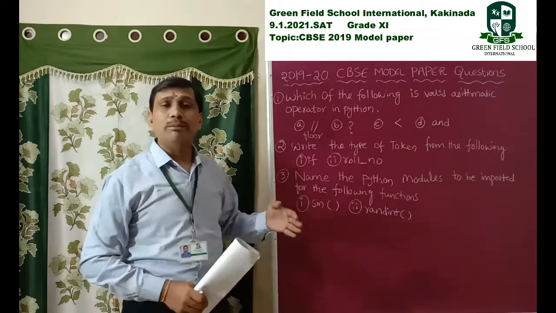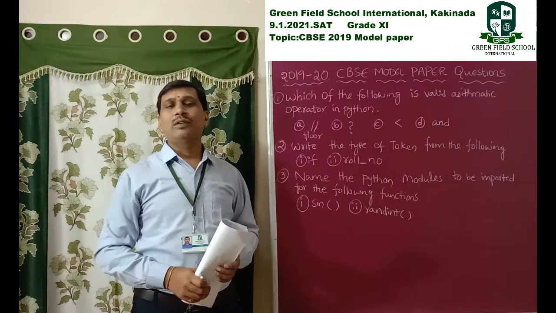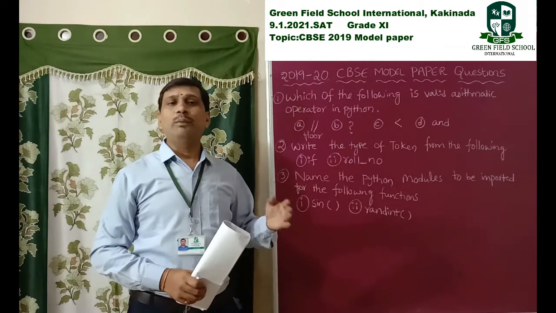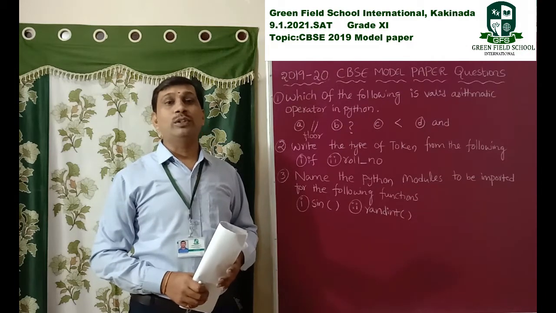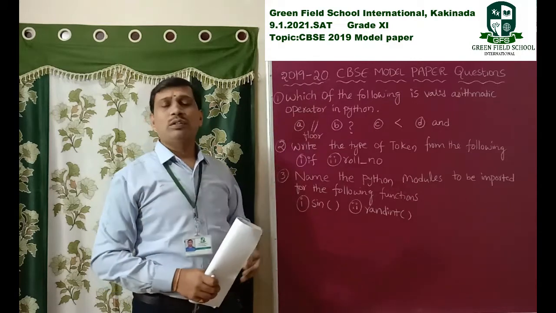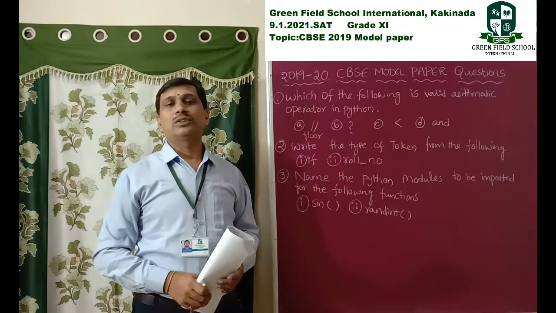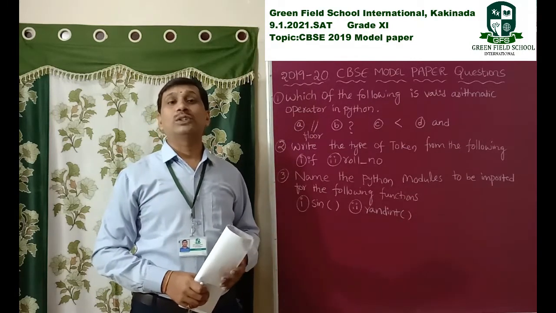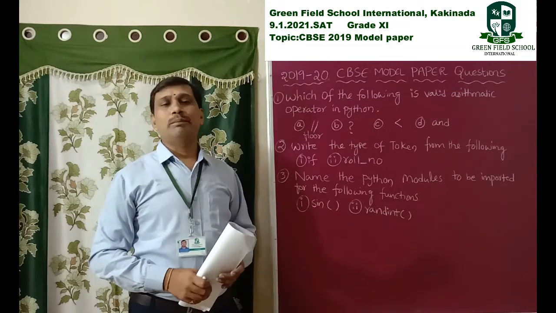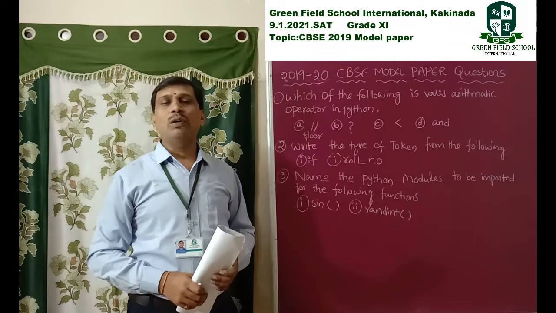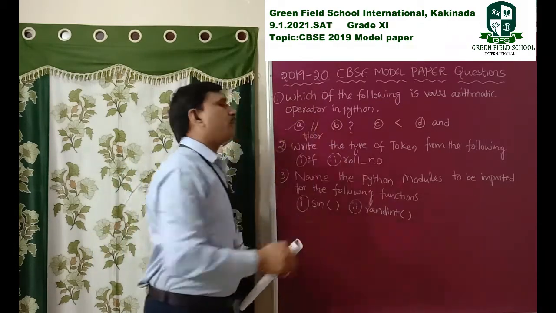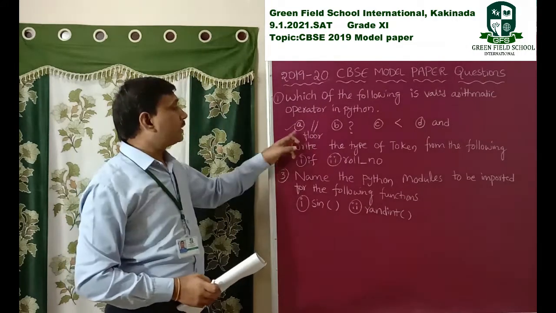When we divide one number by another, we get the quotient value. If a float value is returned, then we calculate the floor function, the nearest smaller integer to that number. That is the floor arithmetic operation. Here, this one is the answer.